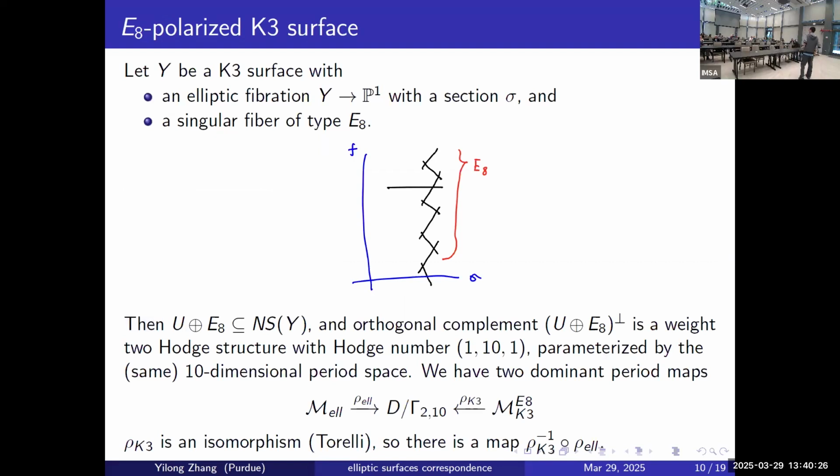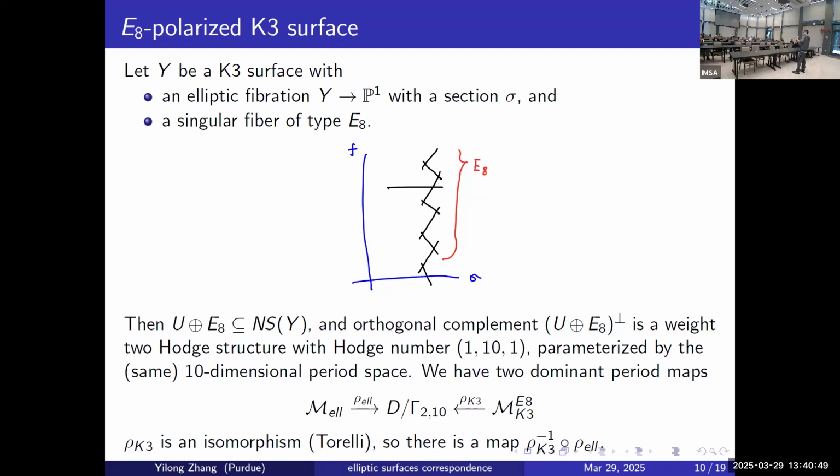Okay, so this talk is trying to compare the Hodge theory between the elliptic surface and the K3 surface. So the idea is that for the H2, the Hodge numbers are 1, 10, 1, and for the K3 surface, the Hodge numbers are 1, 20, 1.